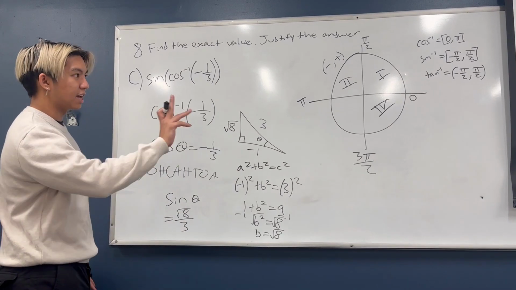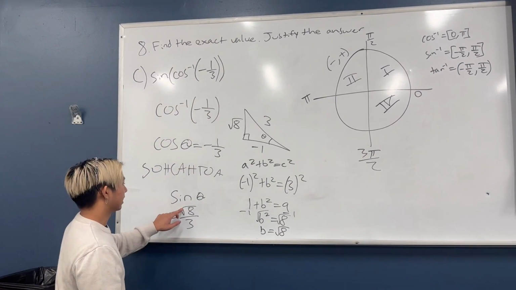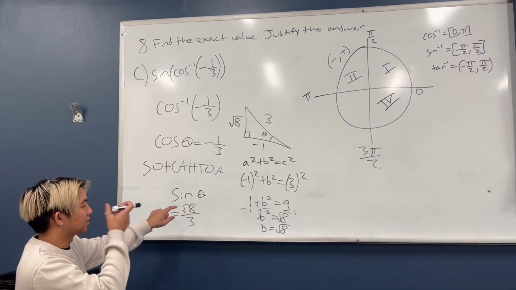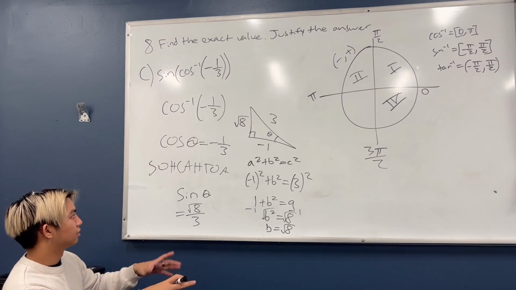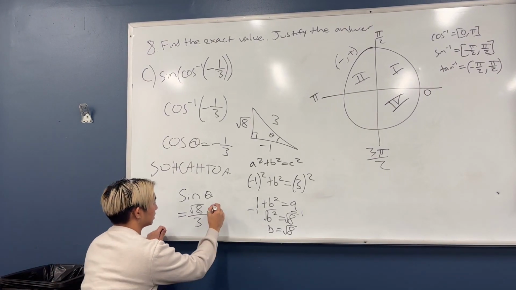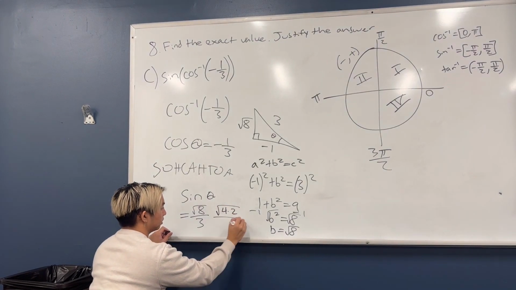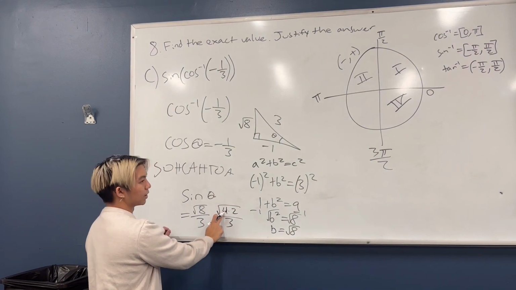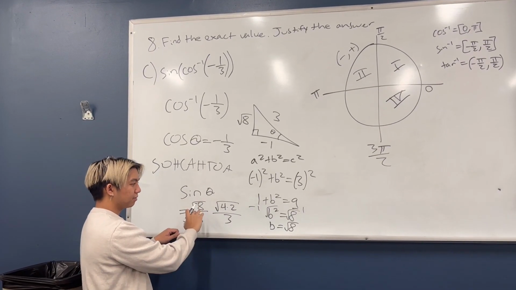Okay, so I just noticed that the answer key actually has a simplified version of this. It's simplified as a radical. Imagine the factors inside, like 8. How do we divide 8 that has a perfect square? We can imagine this as square root of 4 times 2, over 3. And this 4, we can imagine as 2 squared, so we can take it out.